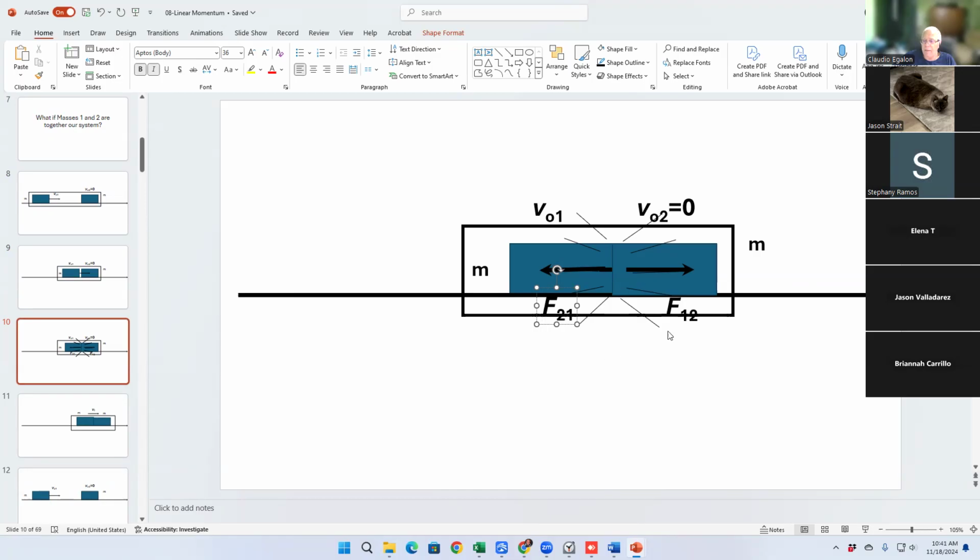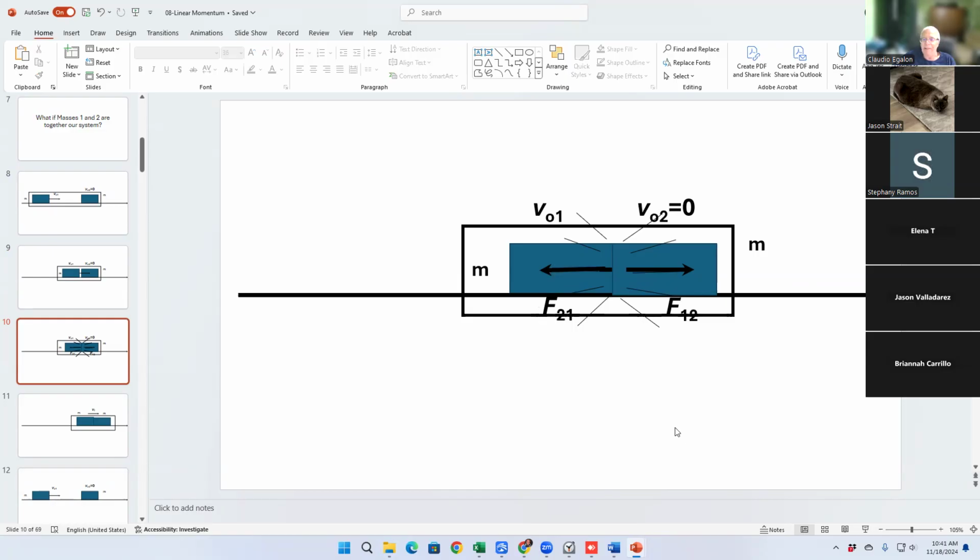Recall that third law says that when two objects interact, the force of one applied on two is going to be equal in magnitude and opposite in direction, right? So when those two forces are summed up, you're going to have a net force equal to 0.